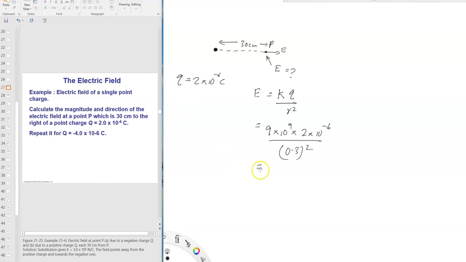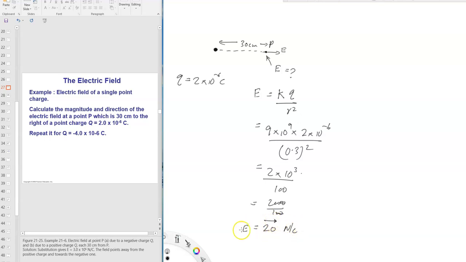So I have 2 times 10 to the 3 over 100. So 2000 over 100, 20 newtons per coulomb in this direction.